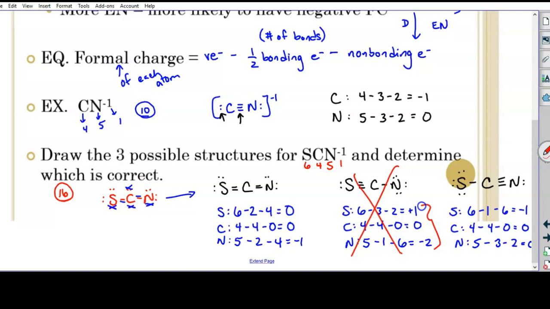For the other 2, in one of them N is -1, and in the other one S is -1. In the rules, the more electronegative element is going to get the negative charge. So you look at your periodic table. Let's transition to that real quick.